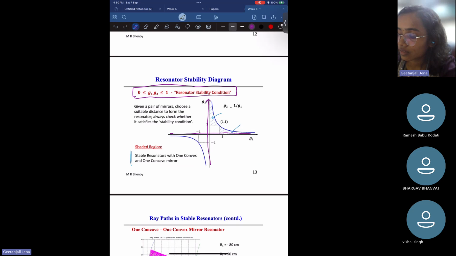Only the values of G1, G2 which lie in the shaded region are allowed and can form a stable resonator. Other than this, if you have values here or here or here, these are not allowed. This defines an unstable mirror resonator.